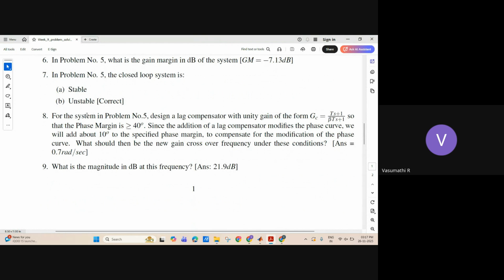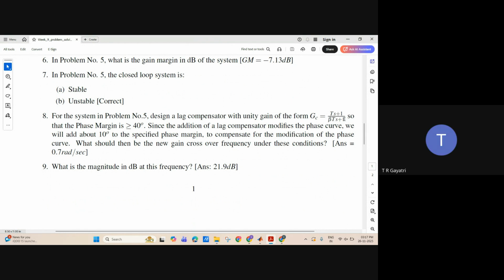Eighth question: for the system in problem 5, design a lag compensator with unity gain of this form. Your compensator or controller, whatever you are designing, should be a lag of the form Ts plus 1 divided by beta Ts plus 1, where beta is greater than 1 for a lag compensator.